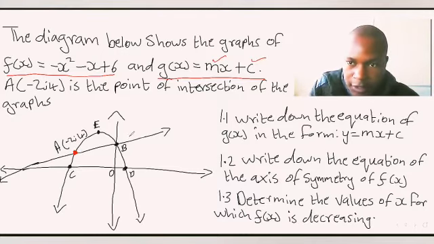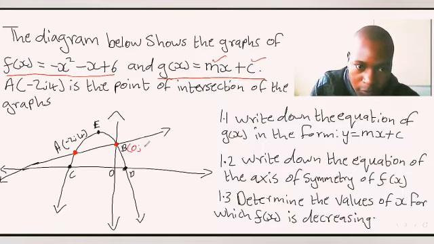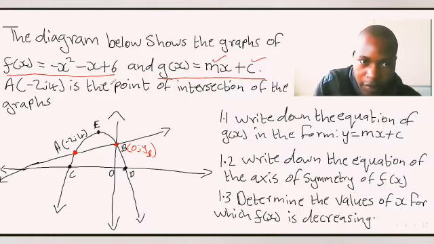So now we can also see that point B is also a point of intersection. And point B also looks a lot like it would be a y-intercept. So we know that point B would then equal (0; whatever y value that is). So now to find the y value, since the two graphs would be equal at point B, we can look at the f of x graph.